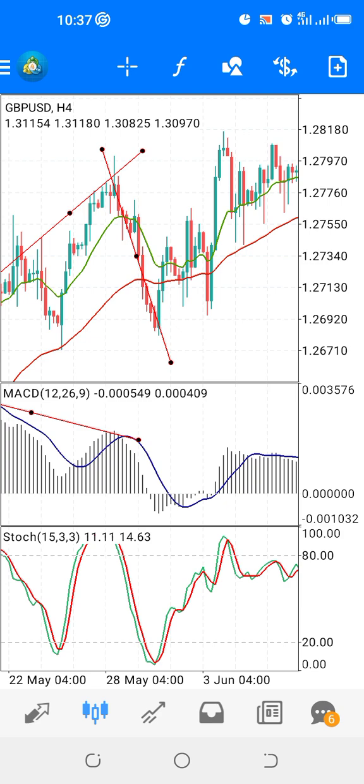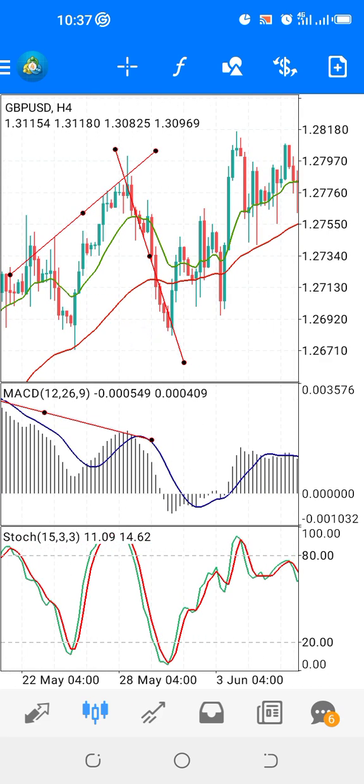However, you are advised to use divergences on higher time frames like 1 hour, 4 hours, daily, and avoid it on lower time frames like 1 minute, 5 minutes, 15 minutes, 30 minutes to avoid fake outs. But this is not to say that they are not effective in those time frames.